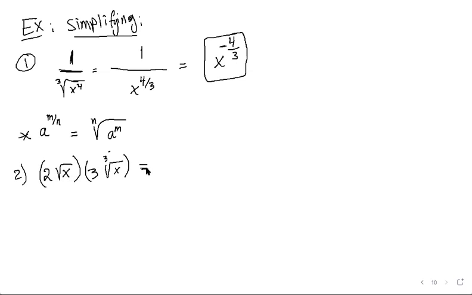First thing, we multiply the numbers. So that'll be 6a times the square root of x squared times the other factor.